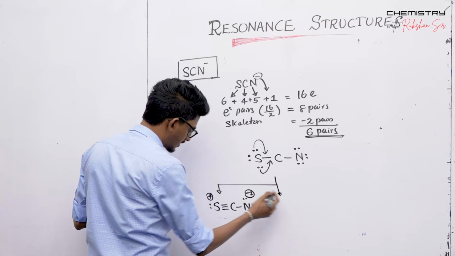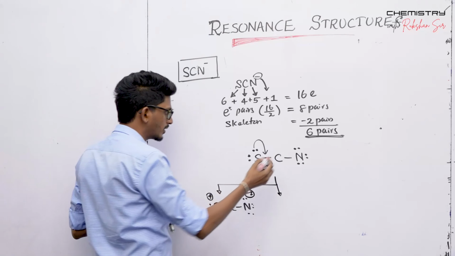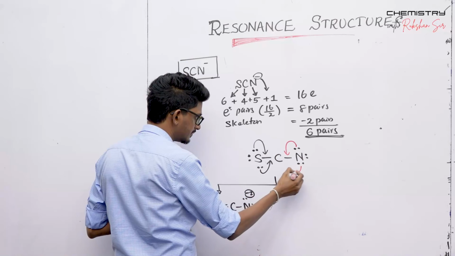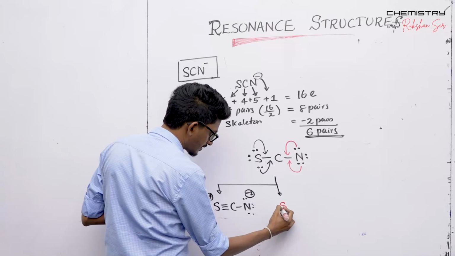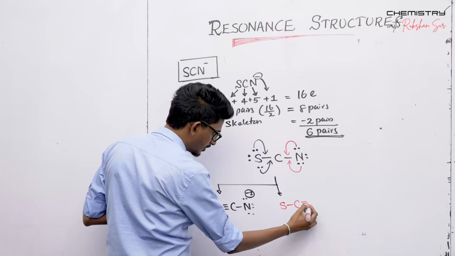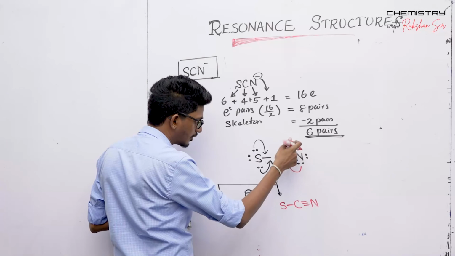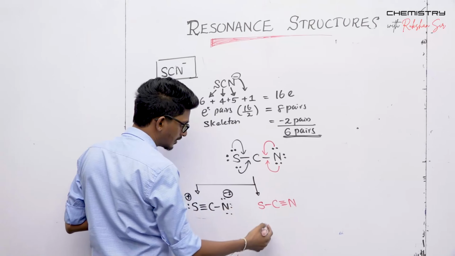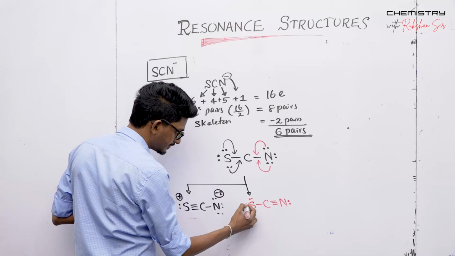Or one can donate the pair, both the pairs from the nitrogen, so that you will come up with this kind of structure. Between carbon and nitrogen, 3 shared pairs are there with the donation of 2 pairs towards the center. So this is the structure.